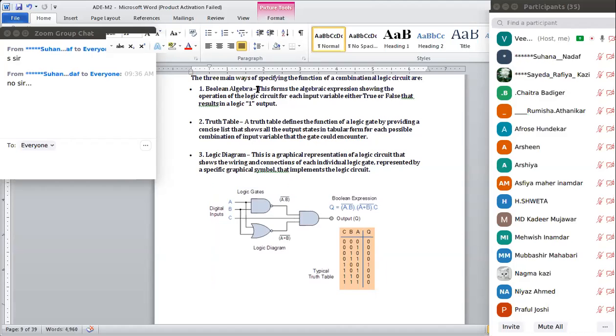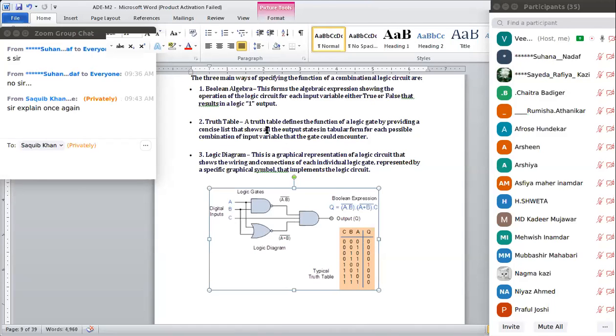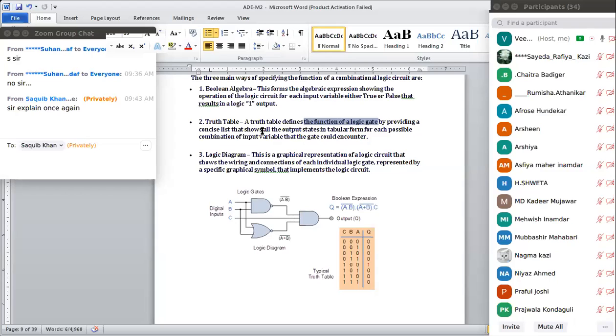It is a simple thing that a combinational logic circuit will have three specific functions. One is Boolean algebra or Boolean function. Another is the truth table, which defines the function of a logic gate by providing a concise list that shows all the output states in a tabular form.